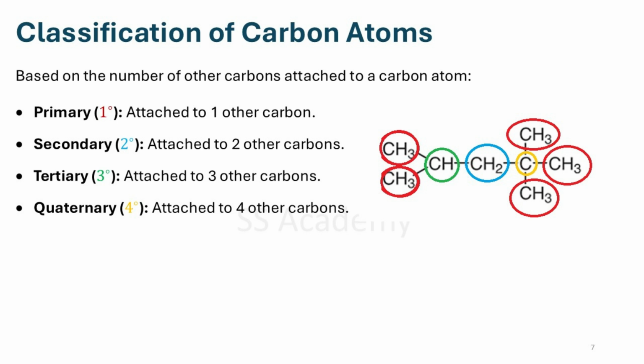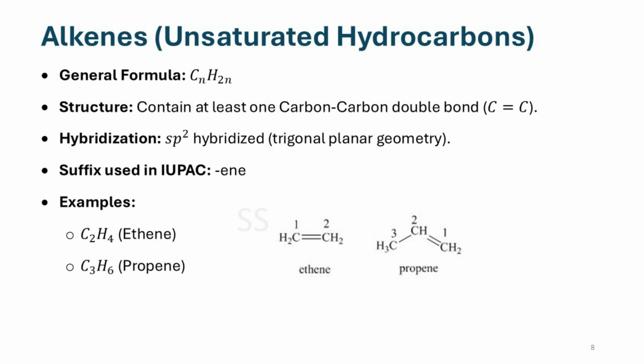And a quaternary carbon is like a social butterfly, attached to 4 other carbons. It is clearly shown in the presentation with different colors to visualize easily. Knowing this helps us predict how a molecule will react in a chemical test.